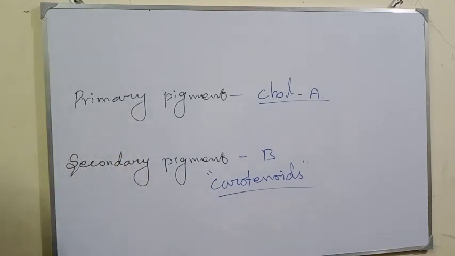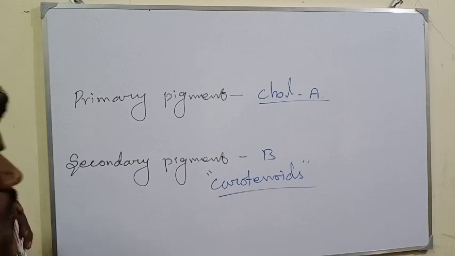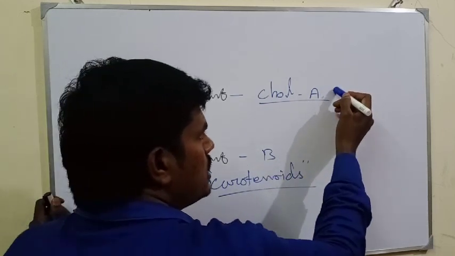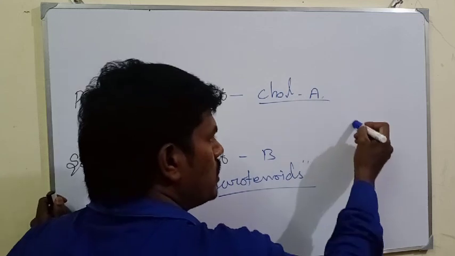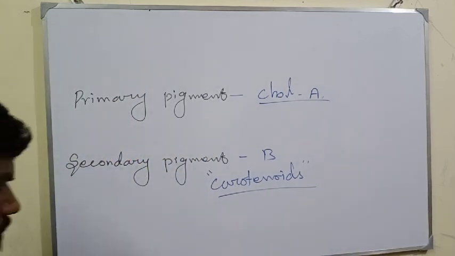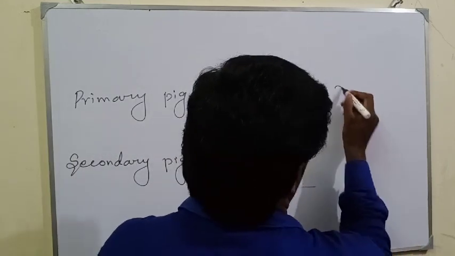The reaction center, chlorophyll A, and the accessory pigment harvesting center together are called a photosystem. This is the reaction center, this is the harvesting center. Both the reaction center and harvesting center together are called photosystem.